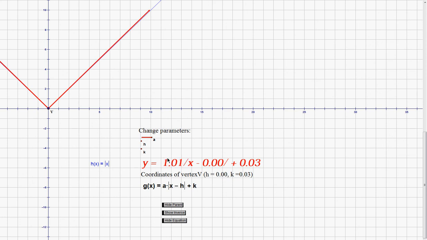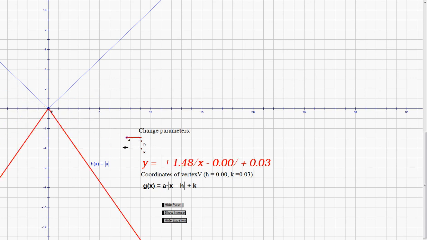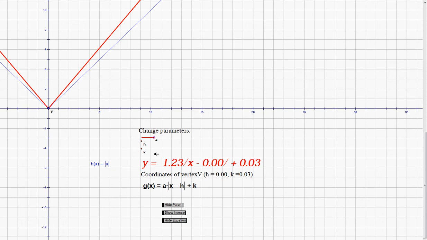As of now, my parameter a is pretty close to 1, practically 1. So now I will increase this parameter. It stretches my function vertically, and if I decrease it, it shrinks my parent function. When a becomes negative, we will have a reflection of the function over the x-axis.